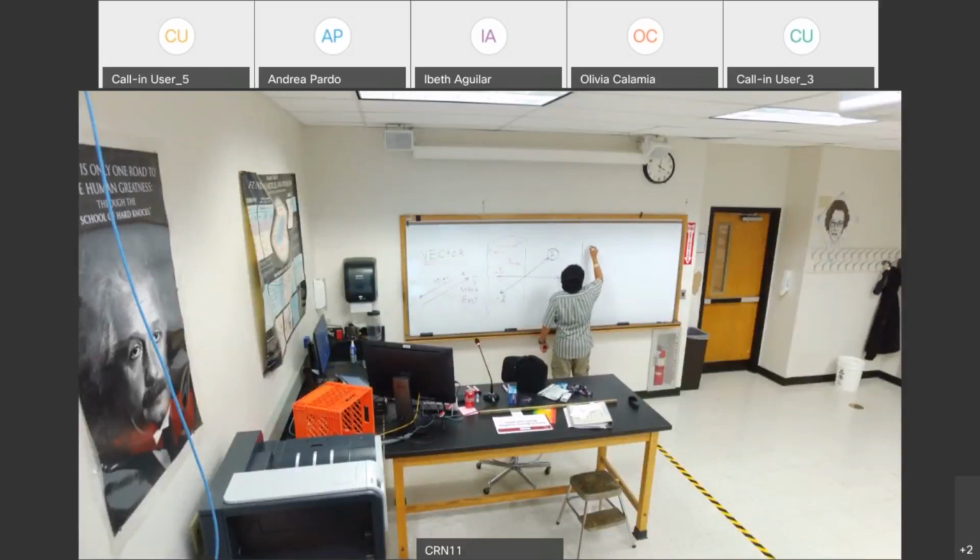For vectors, direction is important now. So if you have 2 vectors, one is 4 units, the other one will be just 3 units. But then you have a vector in the middle, which is 5.